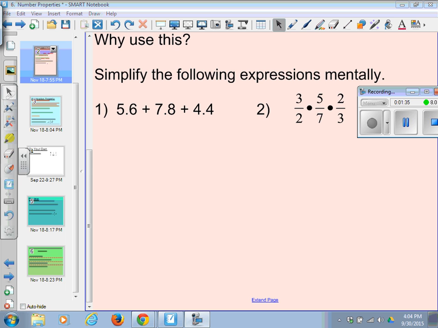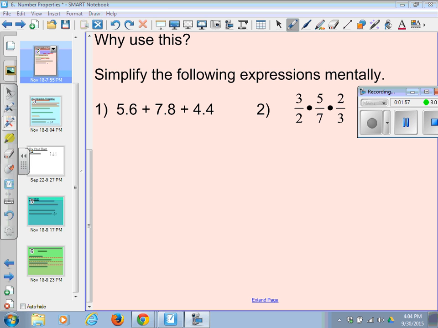All right, now let's use our commutative property to simplify this expression mentally. The first expression, we have 5.6 plus 7.8 plus 4.4. Now let's think, is there any way I can simplify this to make it easier by using our rules?